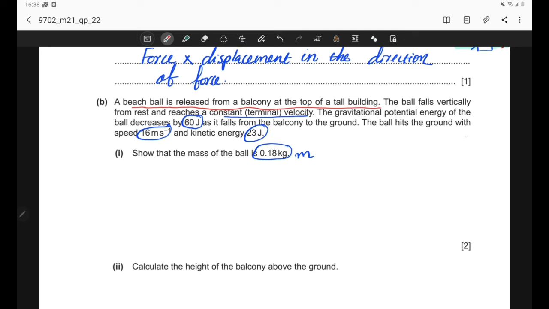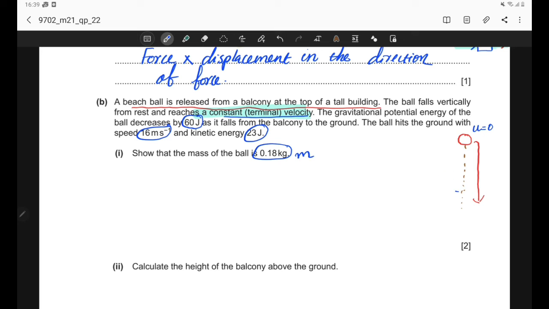tall building. So initially it is released from a height and it's falling downwards. As the ball was falling from rest, its initial velocity is 0. But while falling towards the ground, when it reaches some distance, it has reached a constant terminal velocity.